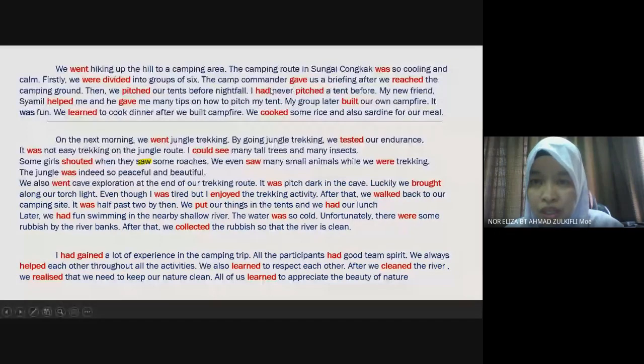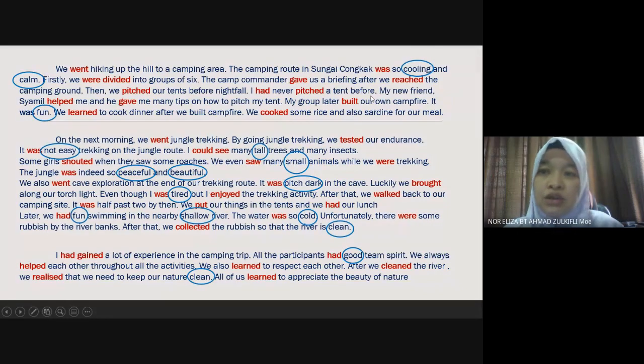We also came up with explanations and other activities to elaborate on the activities. And I need you to remember that you must have this as well. Make sure that you are using adjectives: cooling, calm, fun, not easy. These words are some of the words that were highlighted earlier in the previous slides. Okay, these are adjectives. Why? You need to make the reader see what you actually did during the camping trip in your report.